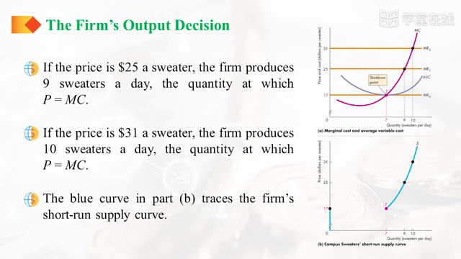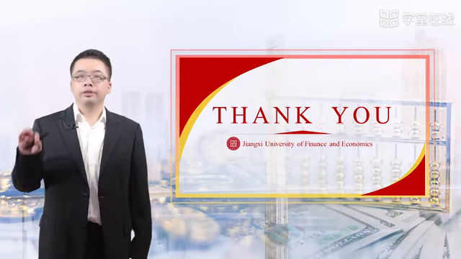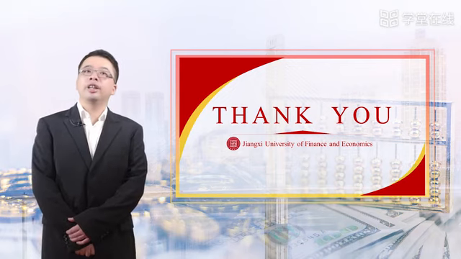Okay, so we can then draw this part and find the short-run supply curve in part B of figure 10.5. The blue curve in part B traces the firm's short-run supply curve. Okay, so this is section 10.2.